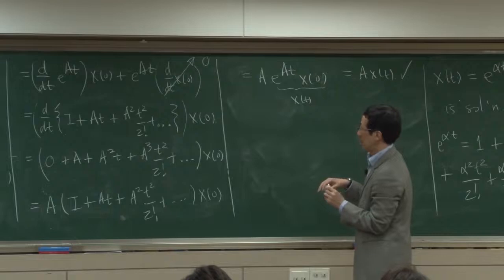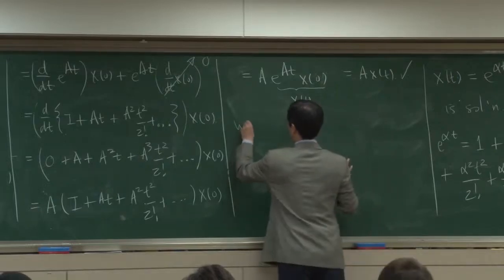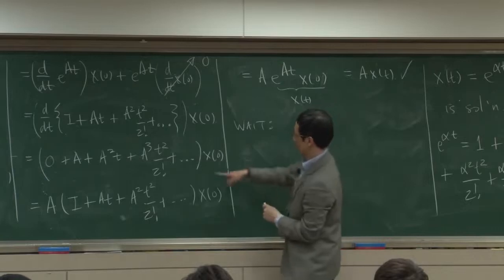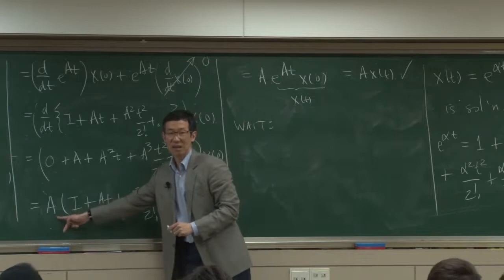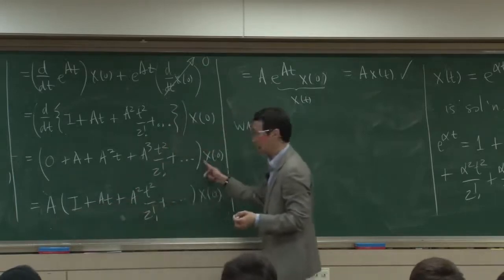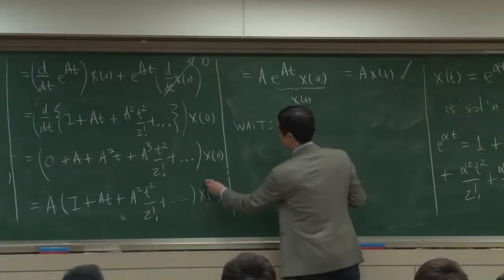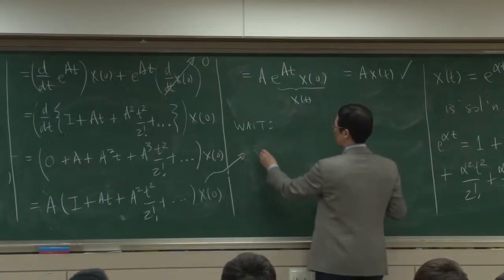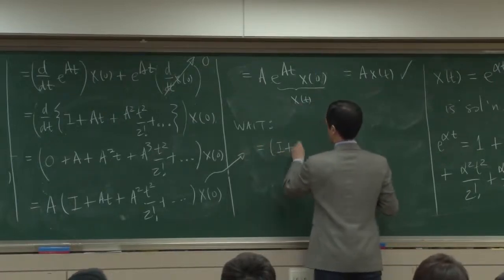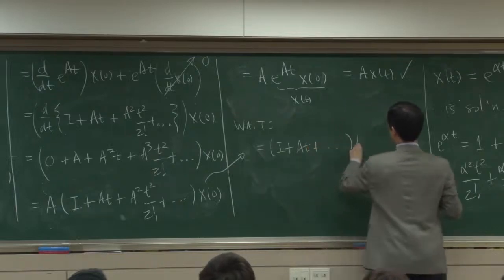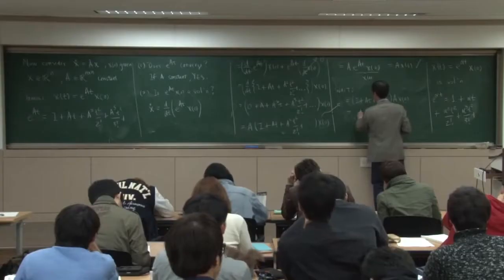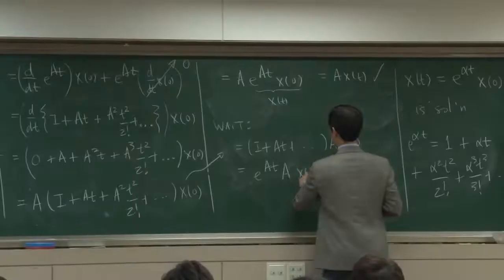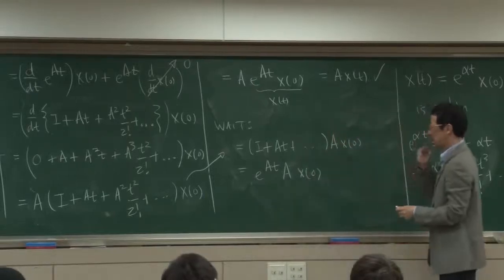Now, I say, wait. Over here, I pulled the a out in the front. I could have pulled the a out to the back. So this step here I could also have written as e to the at times a times x0.